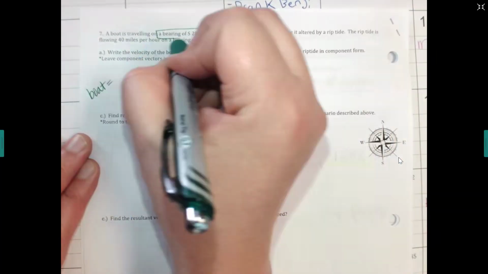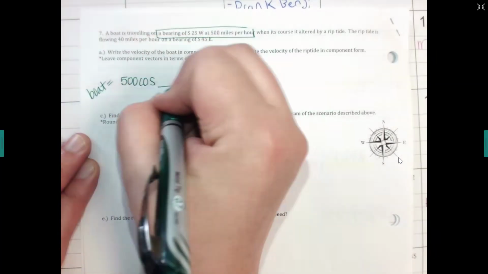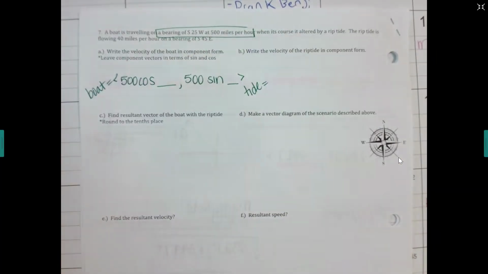How fast is the boat going? 500 miles per hour. Then it's going to be 500 cosine, comma 500 sine. And then in order for me to fill in this angle, I need to input the direction, but my direction is given to me in north, south, east, west, and I need it to be in degrees.